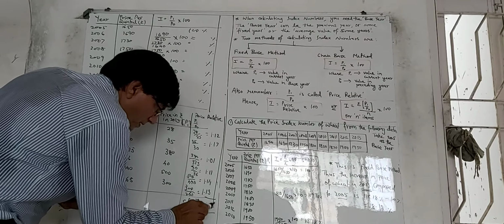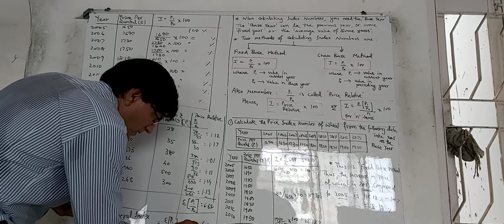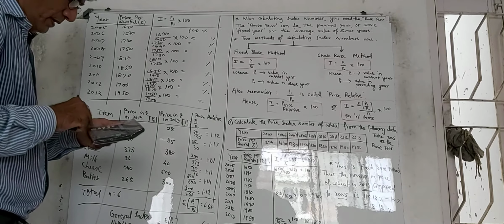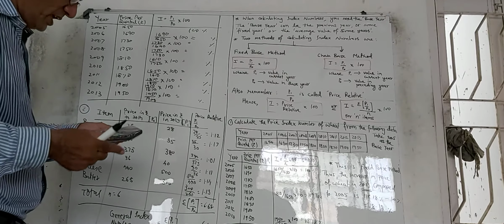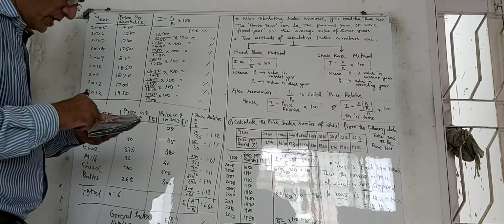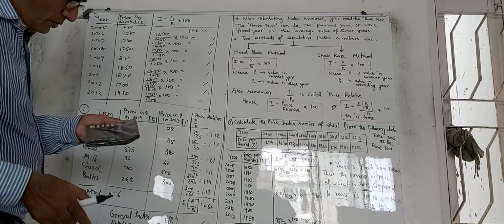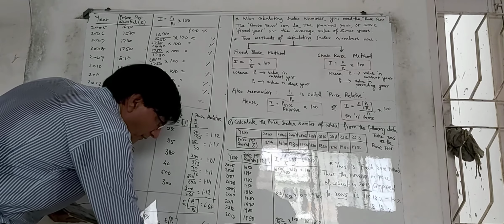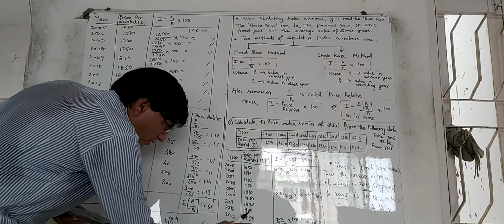Now 6.68 multiplied by 100 gives you 668, and dividing this by 6 gives you 111.33.